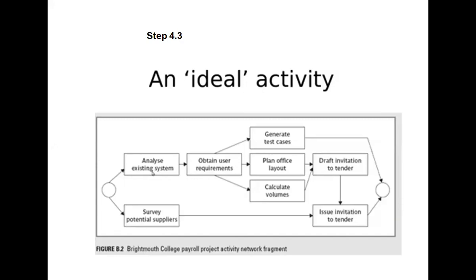Now see the diagram. The ideal activities: we analyze the existing system, then obtain user requirements, generate test cases if the faculty worked extra hours, and plan office layouts. Then we send to the draft invitation to tender. Also we have to survey potential suppliers, meaning suppliers for what requirements they need. Those requirements are sent to the invitation to tender.